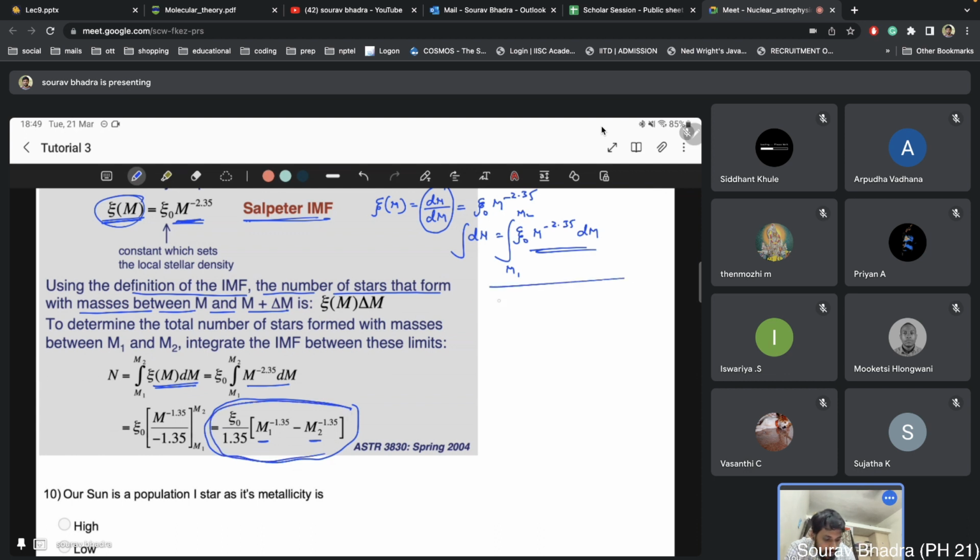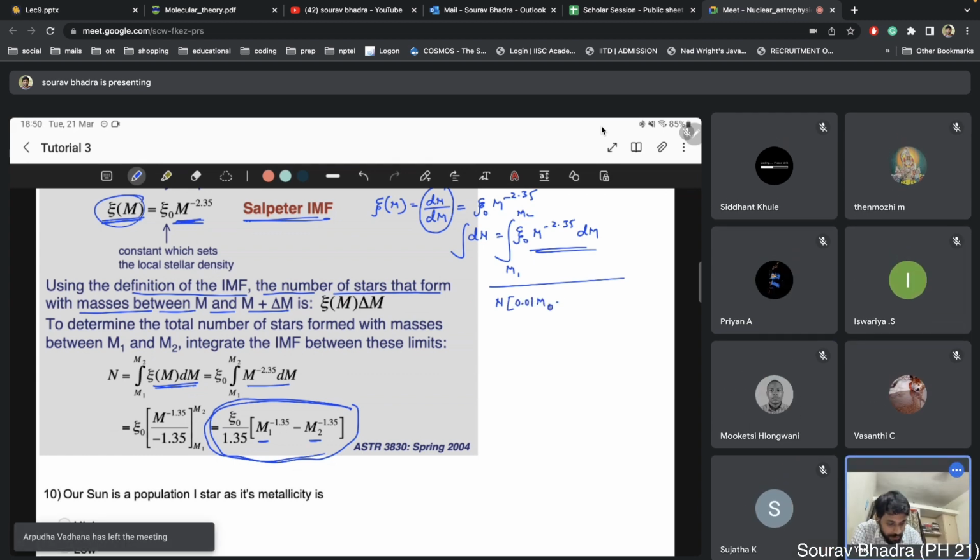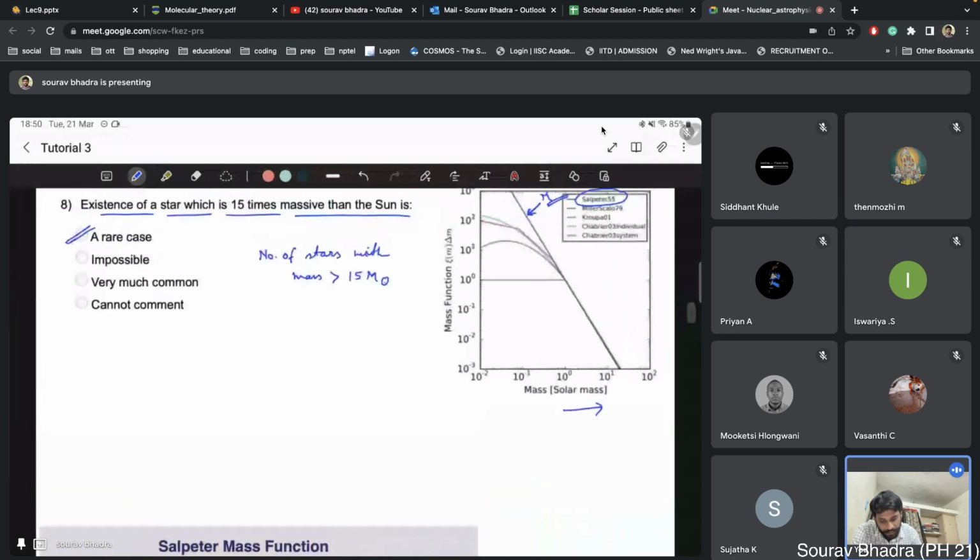Now a very interesting thing we will do. I will calculate the number of stars which have mass, suppose, 0.01 solar mass to 15 solar mass, and the number of stars which have mass between 15 solar mass and, suppose, 100 solar mass. This is the thing which has been asked in the question, right?